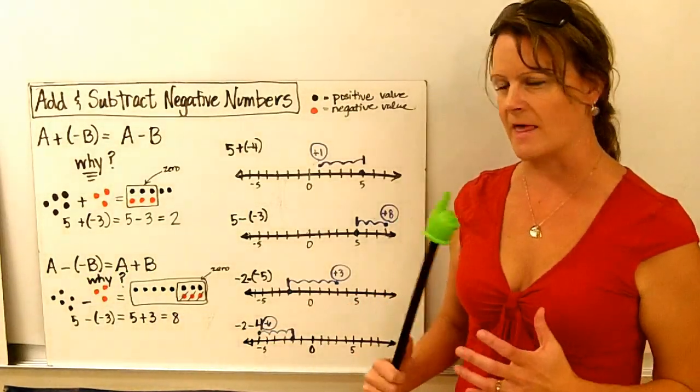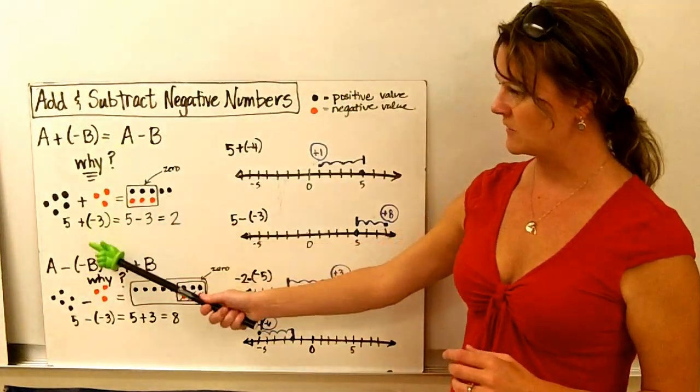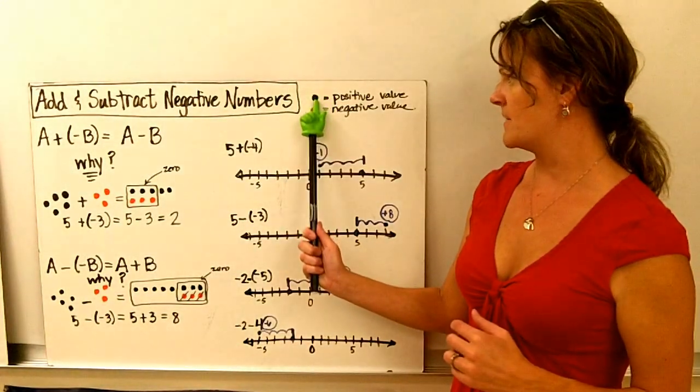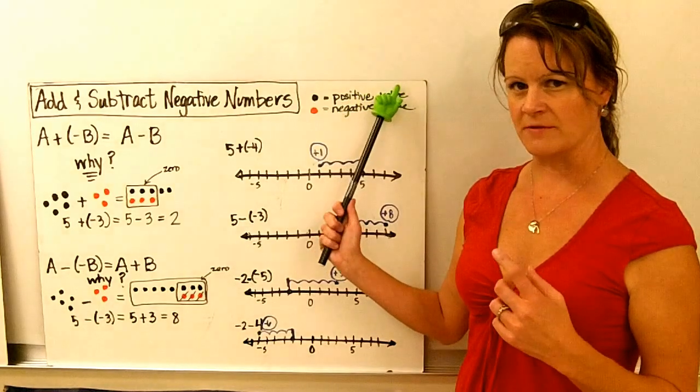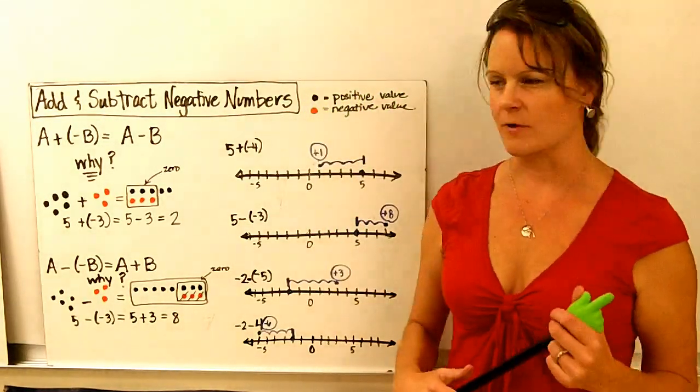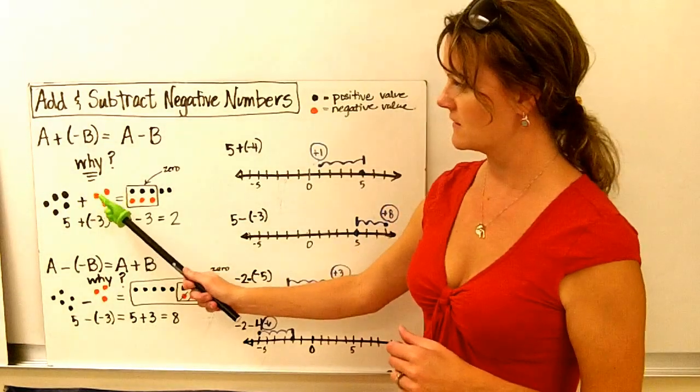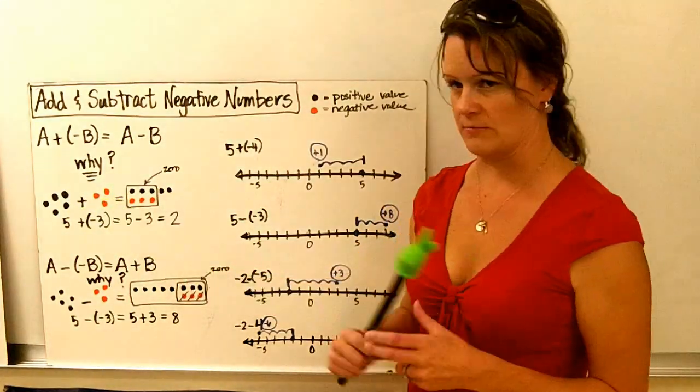So let's look at why that is. In order to illustrate why, I am going to ask you to think of this black dot as a positive 1 value and this red dot as a negative 1 value. Here I have 5 plus negative 3, so I have 5 black dots, and I'm adding these 3 red dots.